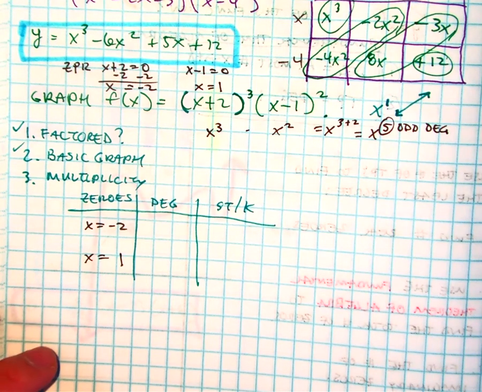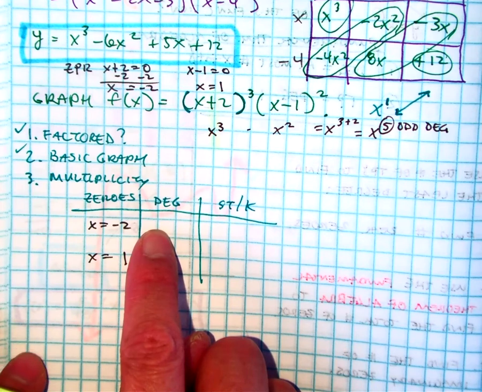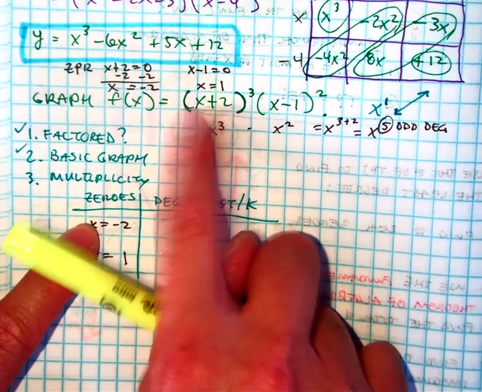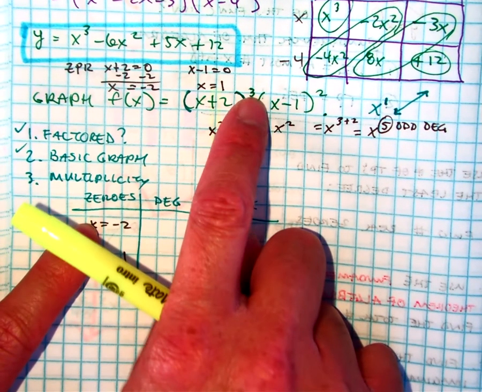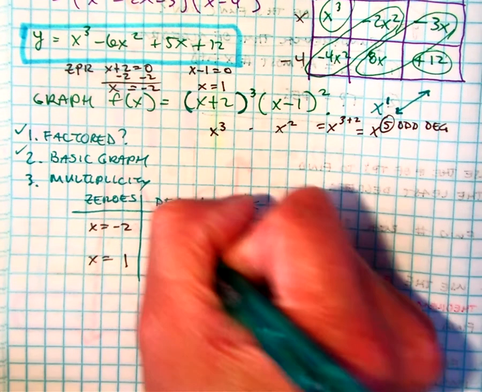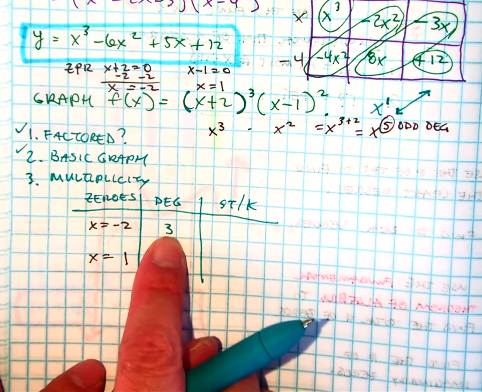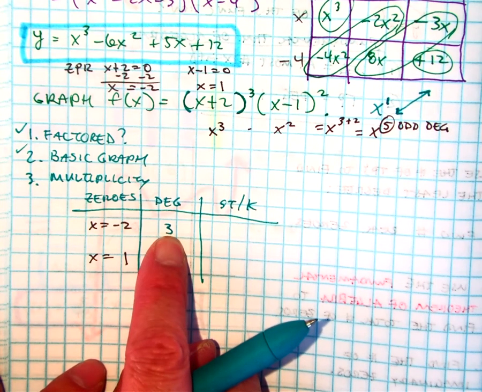The word multiplicity refers to its degree or exponent. For example, at negative 2, the exponent, or the degree, the multiplicity, is 3. Class, is 3 an odd or an even? It is an odd.